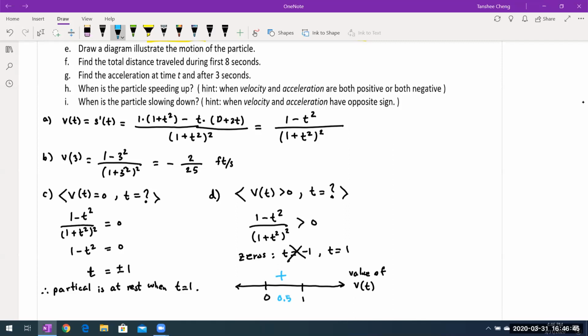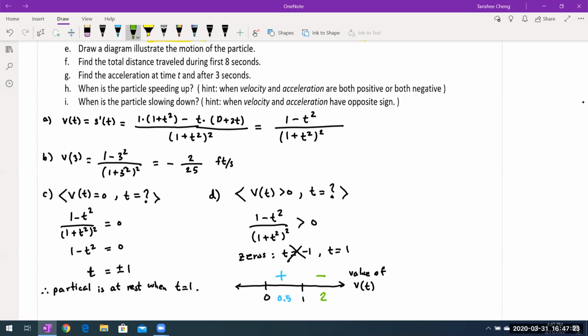When I plug in 2 in interval number 2, the top part gives me a negative value and the bottom part is positive, so it will be a negative value. So we found that the function value of this velocity function is positive between 0 and 1.